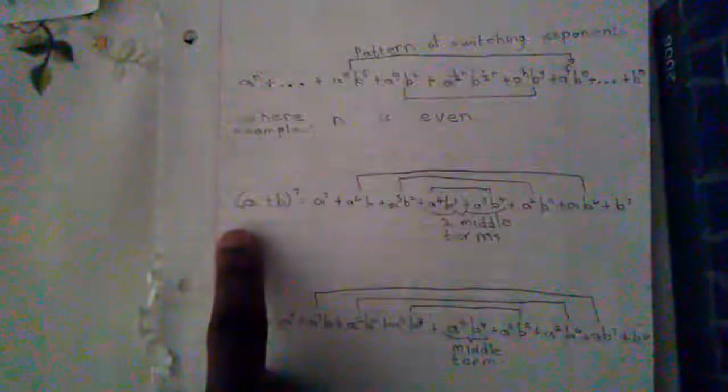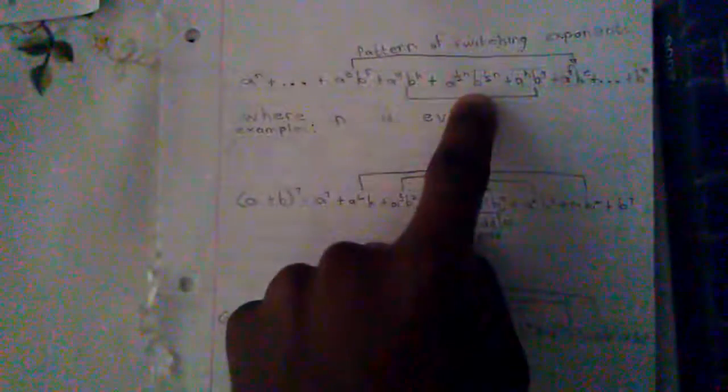And so the pattern of switching of exponents, as I had stated, can be shown in this way. This here represents a case where n is some even number.